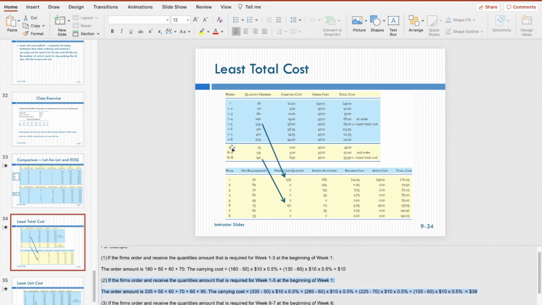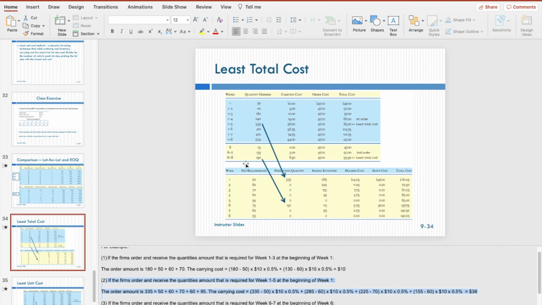And here you see, at the beginning of week 6, you have another 3 options: week 6 only, week 6 to week 7, and week 6 to week 8. Among these 3 options, you have to pick the best option, following exactly the same method that we just mentioned.